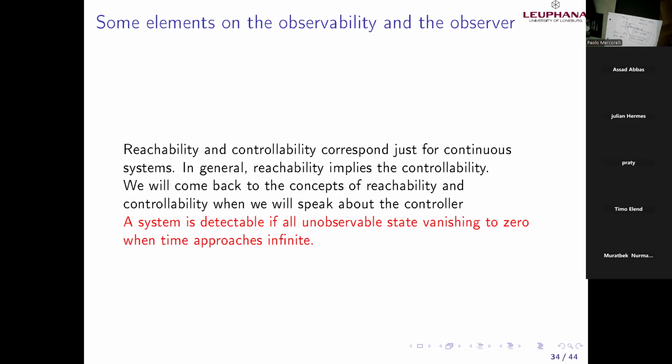This means, if you remember, one possible definition of observability, that it is not possible to observe, let me use now a concept which is here but is not defined formally. This means that I cannot reach the state in finite time. This means unobservable.